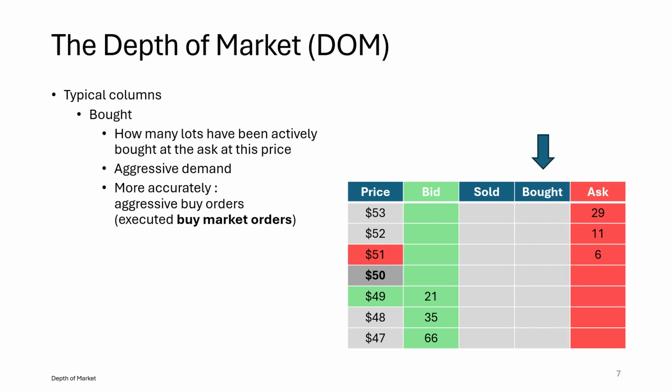And then here in the bought column, you can see how many lots have been actively bought at the ask at this corresponding price. So therefore, we can call this aggressive demand. And again, more accurately, it's the aggressive buy orders. So the executed buy market orders at every single level.